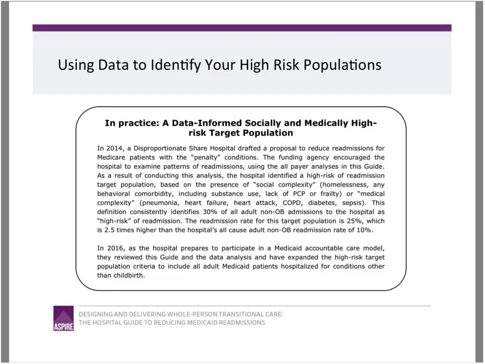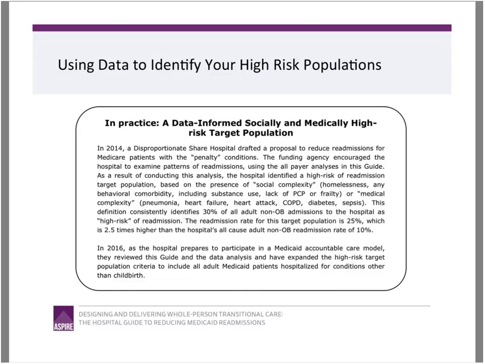The funding agency encouraged this hospital, knowing that they were high volume Medicaid, to set aside the specific focus on heart failure, AMI, and pneumonia, and rather look at their data analysis, compare and contrast Medicare and Medicaid readmission and all-payer readmission conditions.